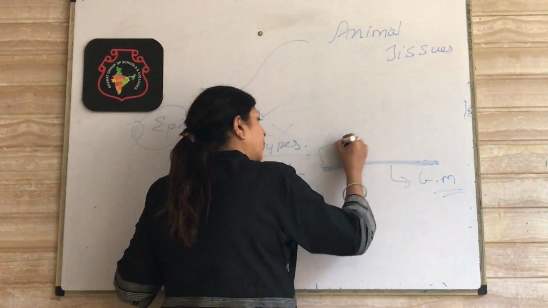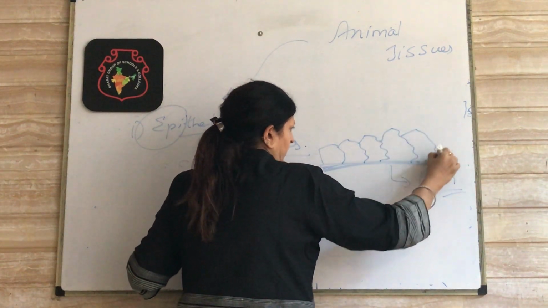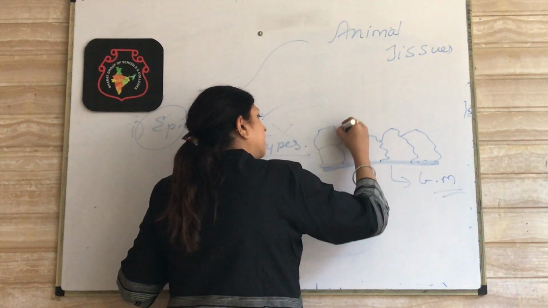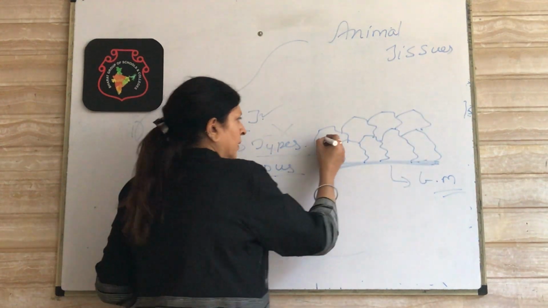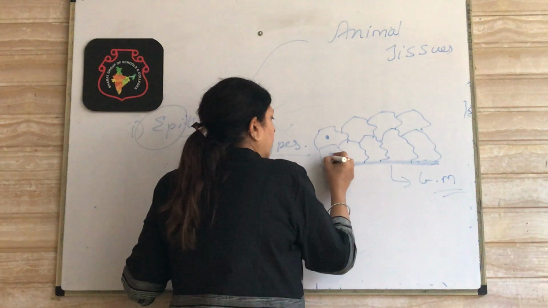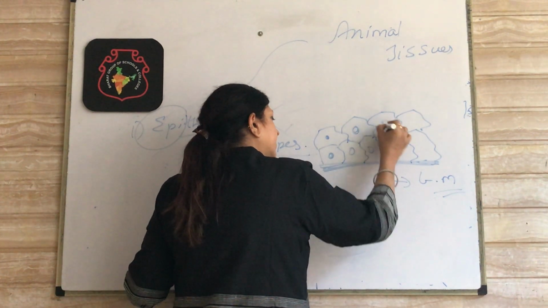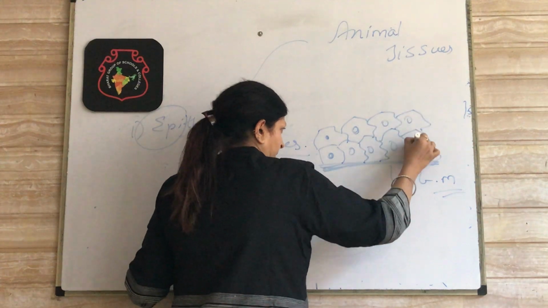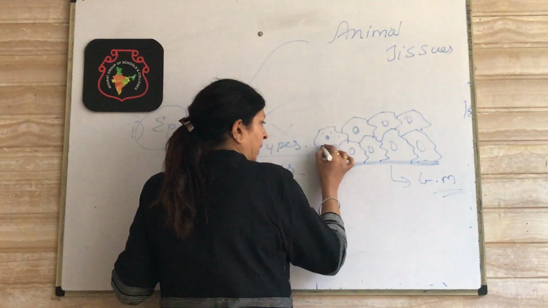And here I group up the squamous cells. Remember, they are compactly packed with a centrally placed oval nucleus. You can see it very clearly. Of course, the cytoplasm is there.